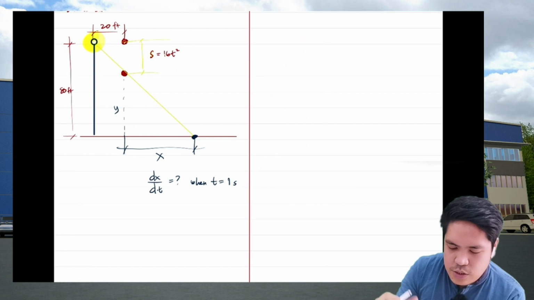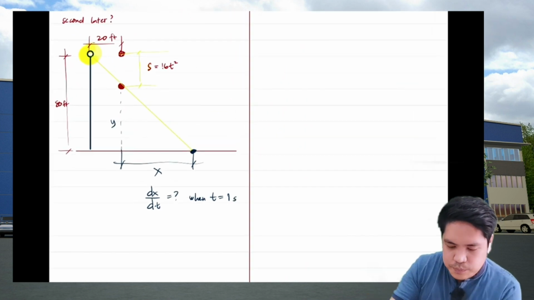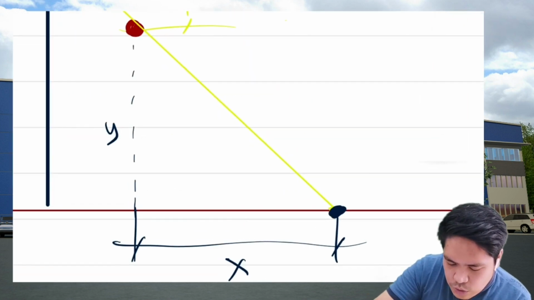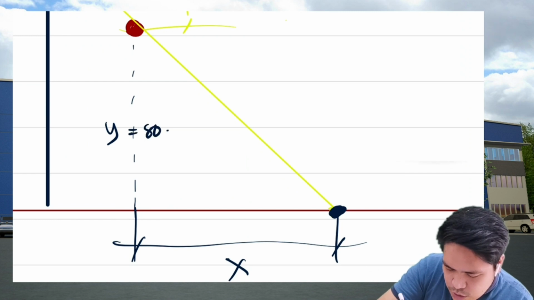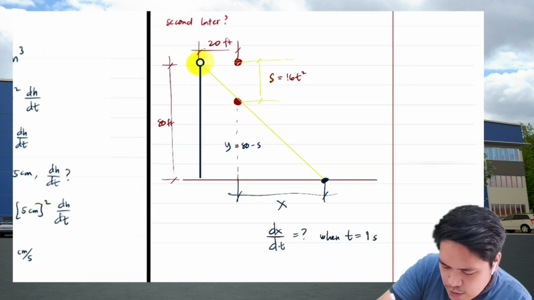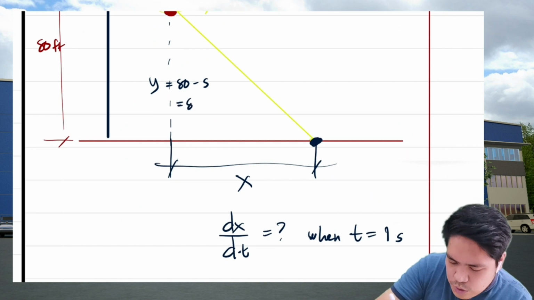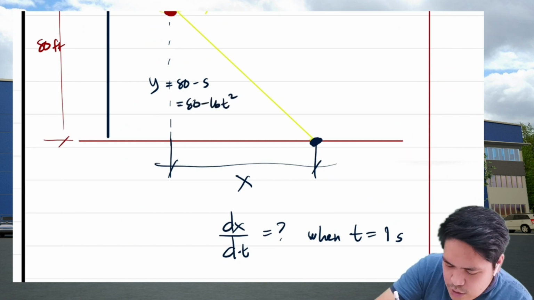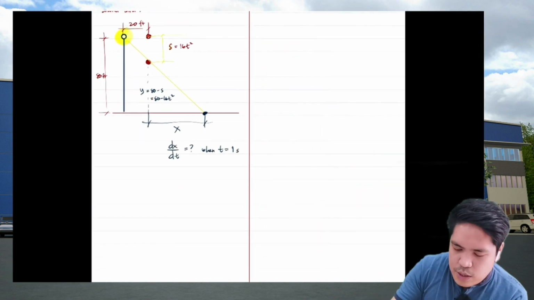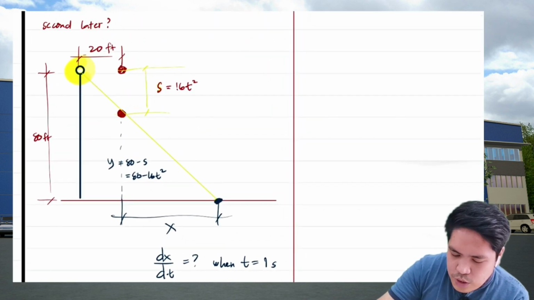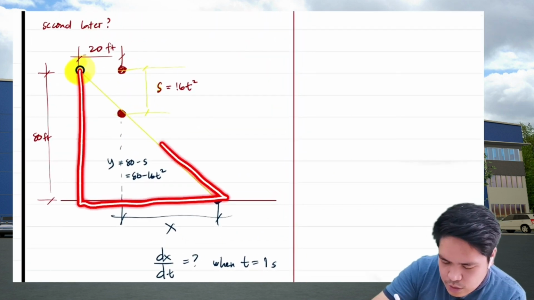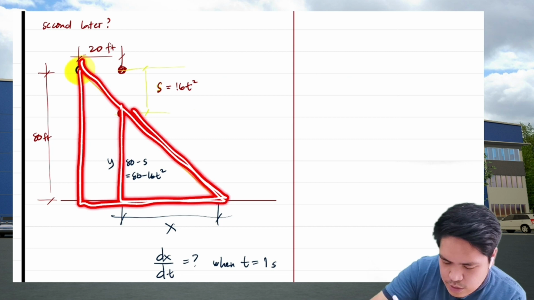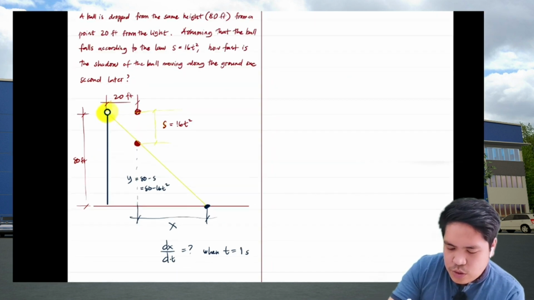Let us now try to solve this. For y, let us just use 80 minus s, or 80 minus 16t squared. We have again formed two right triangles, this and this. So we could use ratio and proportion.